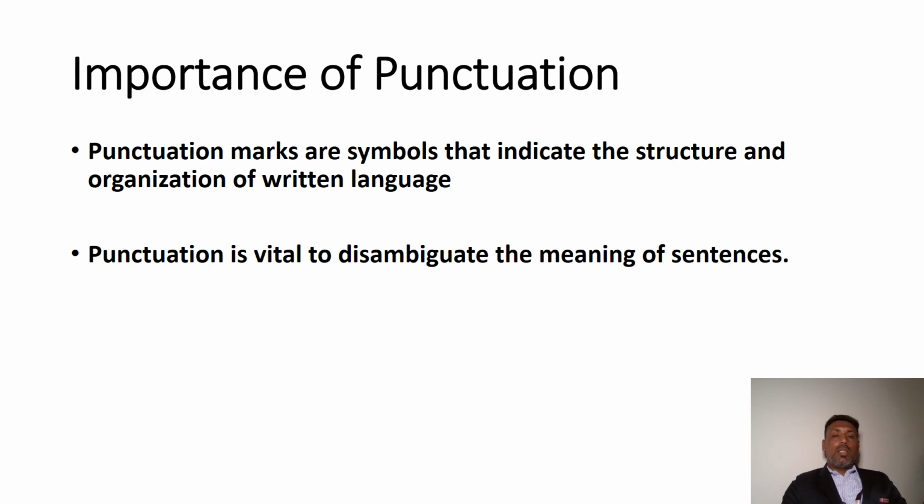Punctuation marks are symbols that indicate the structure and organization of written language. In fact, punctuation is also important in spoken language. In writing, we use marks, whereas in spoken language, even though we don't use marks, the way we pause, the way we stop, this is nothing but a kind of punctuation. Punctuation is vital to disambiguate the meaning of sentences.